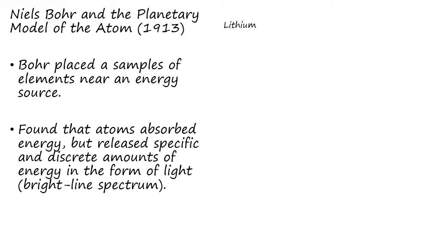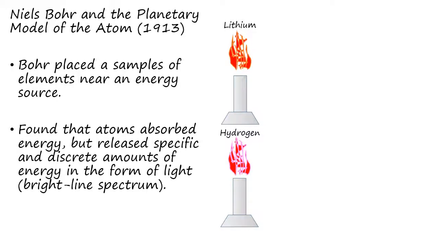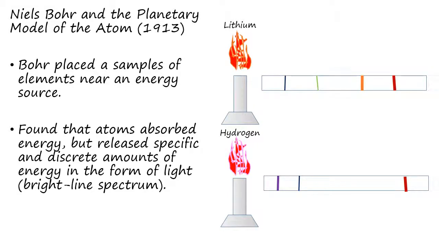So if we were to look at two examples, lithium and hydrogen, okay? So he placed samples of both of these elements within a flame or electrical current, and what he would find is that both elements gave off different forms of light. And when viewing this light through a spectroscope, he found that each element gave off specific bands of light that were individual to that element.